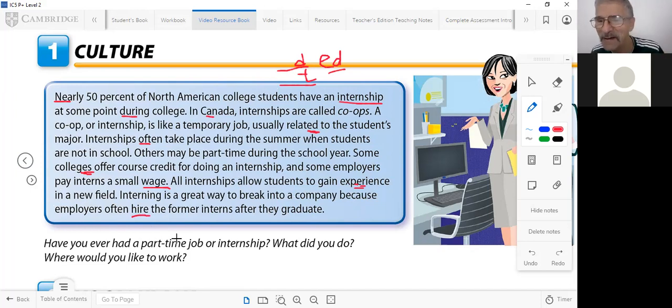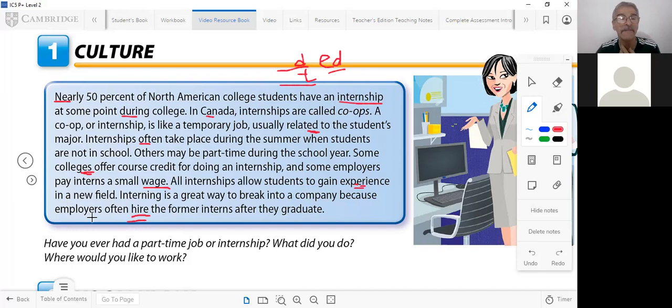Hire. No. When a person has an official contract to work for a certain period of time. He is hired for 6 months. He or she is hired for a year or for 2 years. Okay, the person is hired.